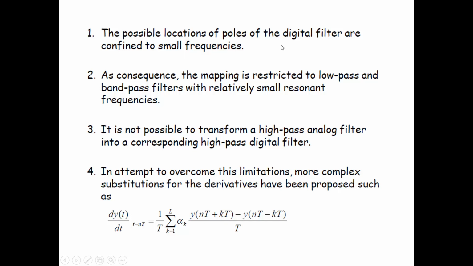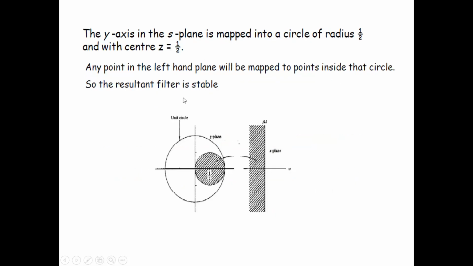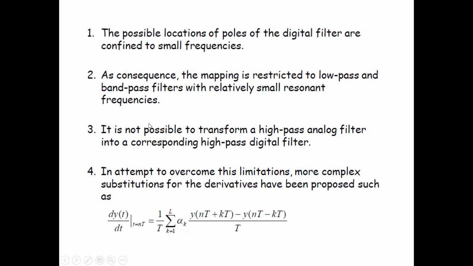Now the possible locations of poles of the digital filter are confined to small frequencies. In the Z plane, these are the low frequencies: you start from here at 0, where the digital frequency omega will be 0, and you will get very small frequencies. After this transformation, the possible locations of the poles of the digital filter are confined to only very small frequencies.